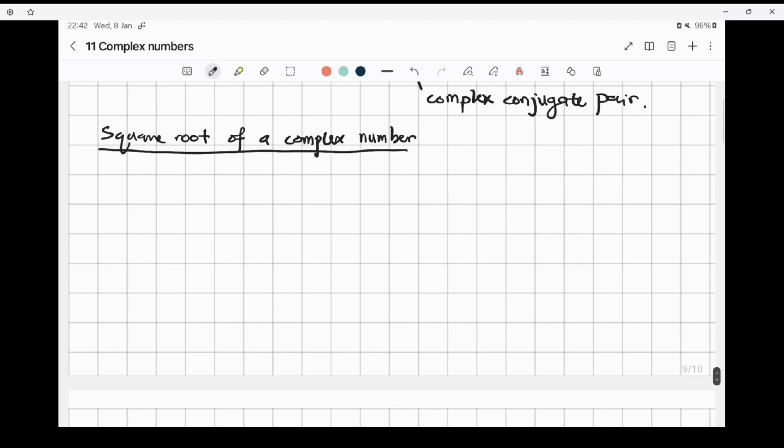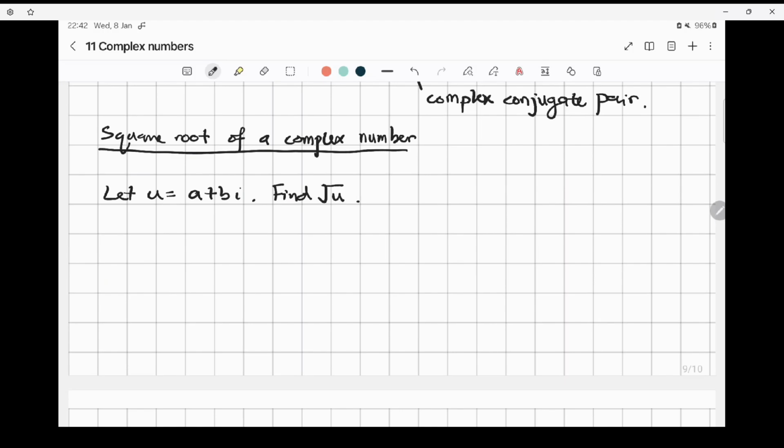Basically speaking, let's say you have a complex number, let u equal a plus bi. You want to find the square root of u.